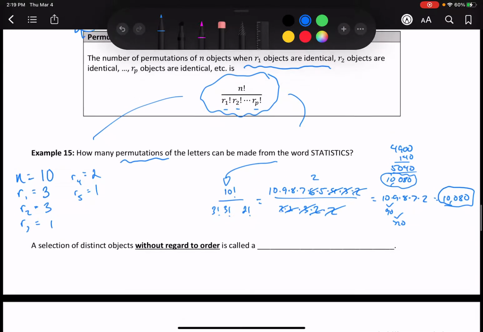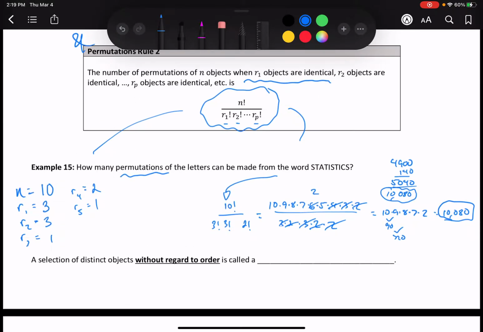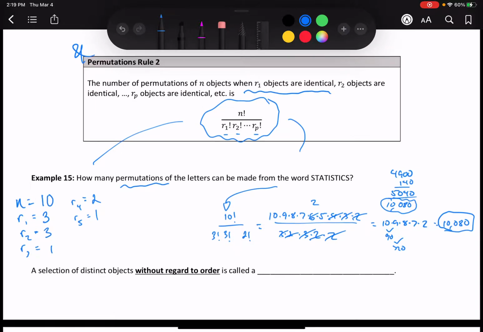All right, so that takes care of that weird type of permutation where you have repetitions or identical objects. What happens if I say, I don't care about the order of things? What if we're taking a handful rather than one thing at a time? What if we're taking groups, not arrangements, where order doesn't matter, and that does happen quite often?